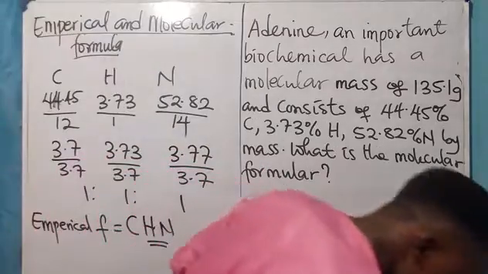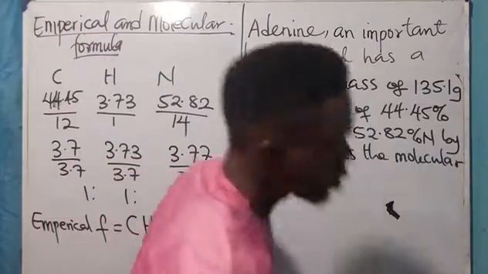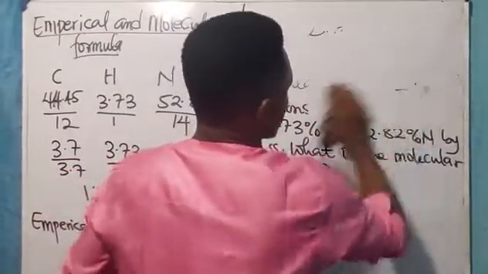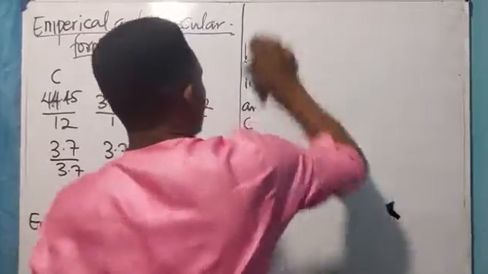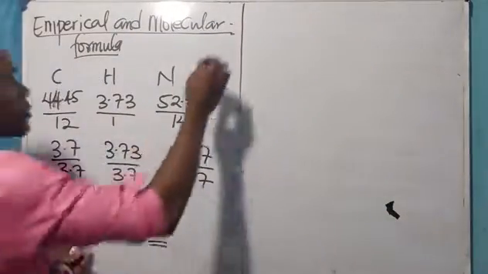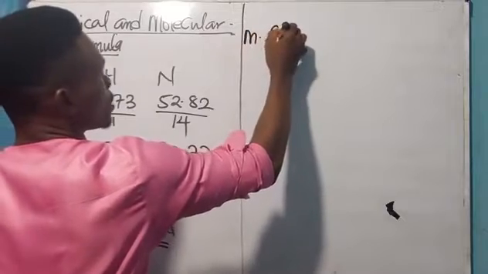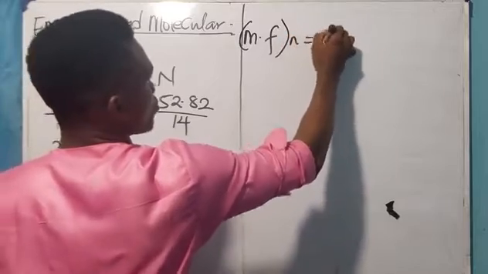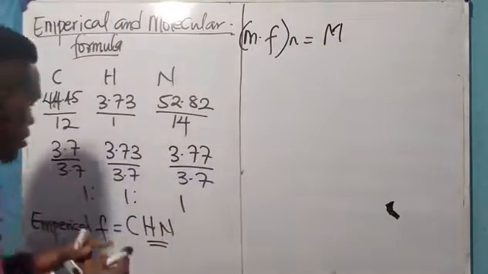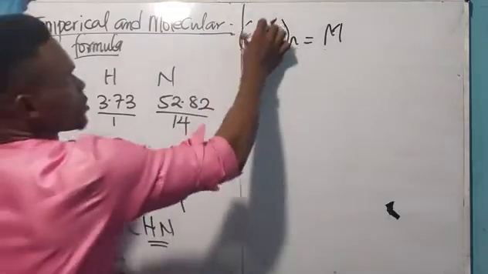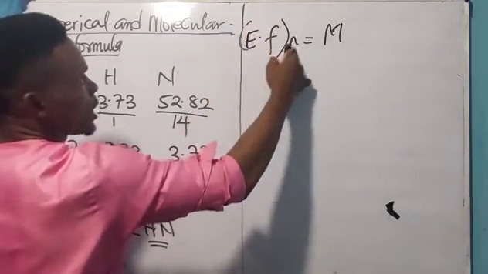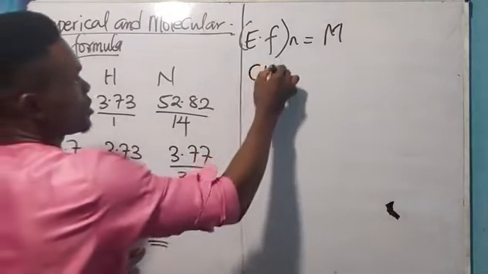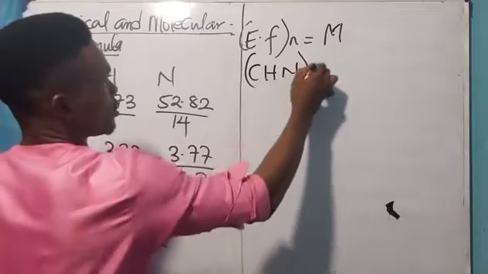Now, to calculate the molecular formula, we use: empirical formula times n equals molar mass. The empirical formula is CHN.